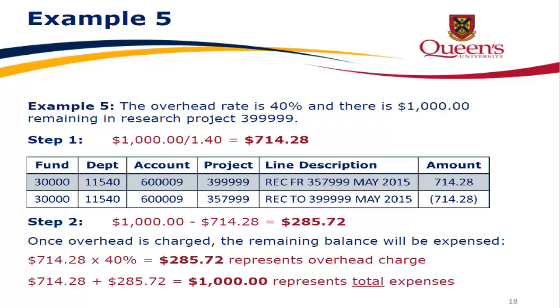You must first calculate the amount that can be expensed to the project by dividing $1,000 by 1.40. The result is $714.28, which represents the total expenses which can be recoded to the project. Next, once overhead is charged to the project, the remaining balance will be expensed, bringing the project to a zero balance.